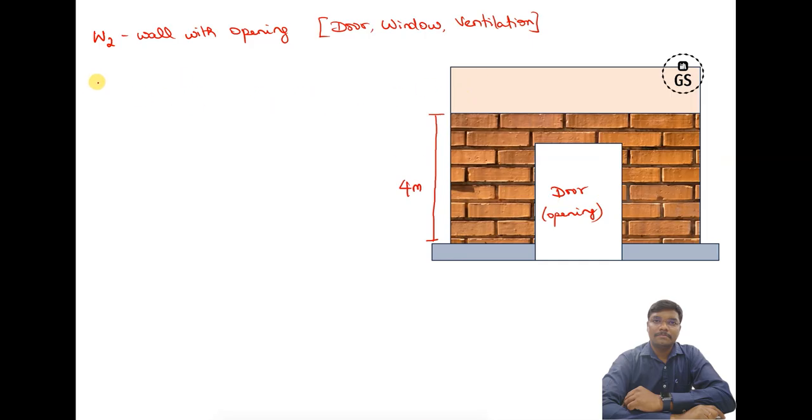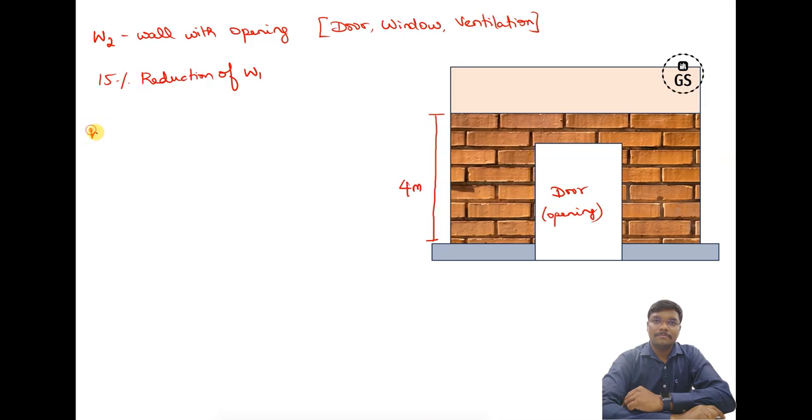What is that? It is going to be a 15% reduction of W1. This is nothing but a thumb rule. We take it as 15% reduction of W1. Whatever W1 load you have taken, deduct that 15%. When you deduct 100 minus 15, it is 85%.